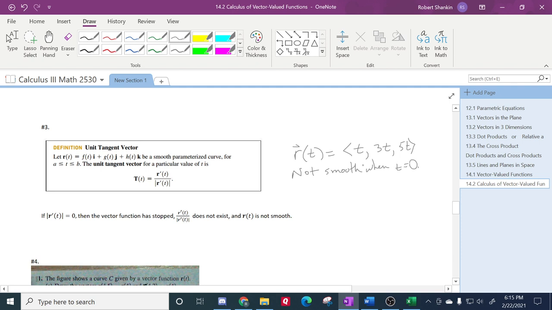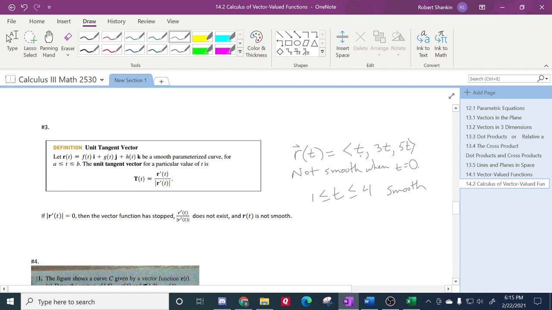Now you could say that t is between 1 and 4, and then it's smooth, because it's never 0 within this. But if you did it over an interval that contained 0, then you'd have a spot where the whole thing stops. Now, what does that mean, graphically speaking? This is really some plane.